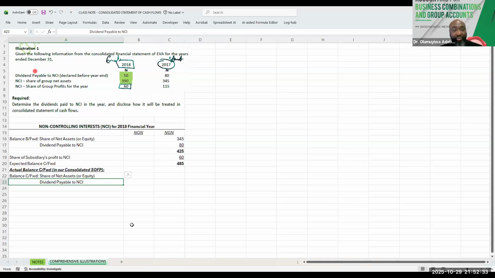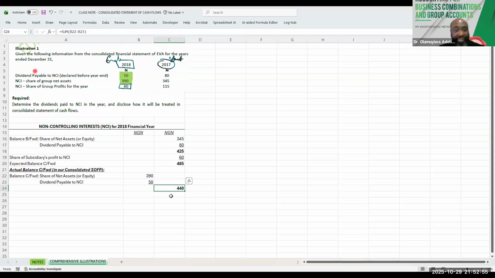Therefore, 390 and 50. When I sum 390 and 50, what I get as my actual balance is 440.